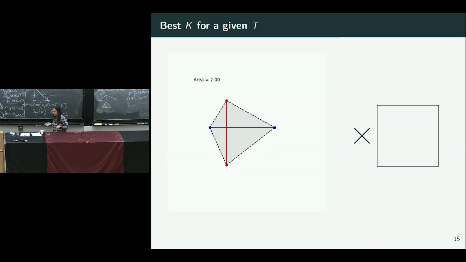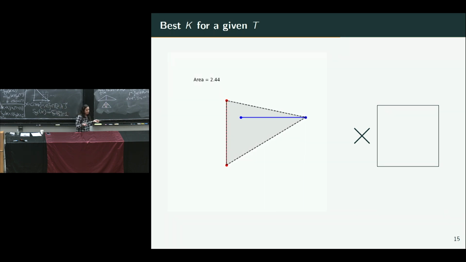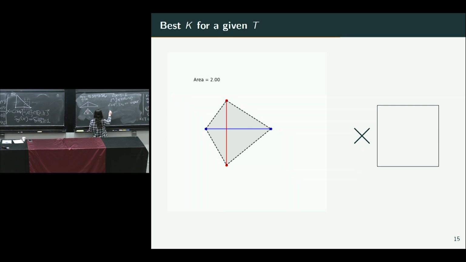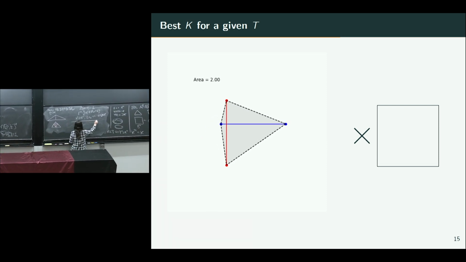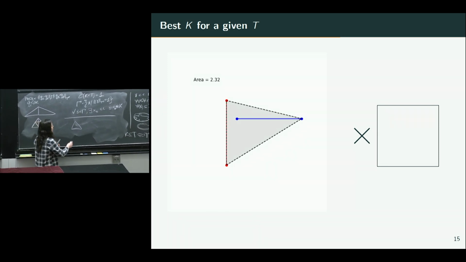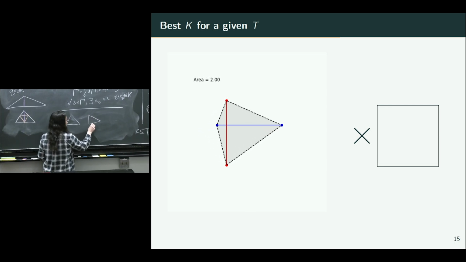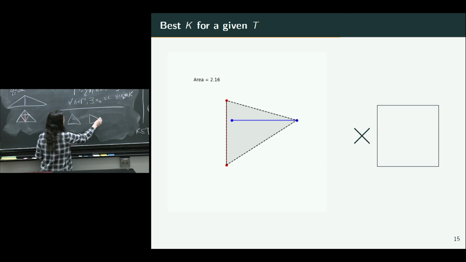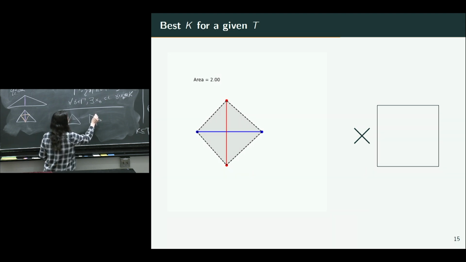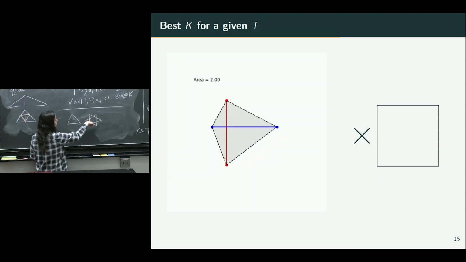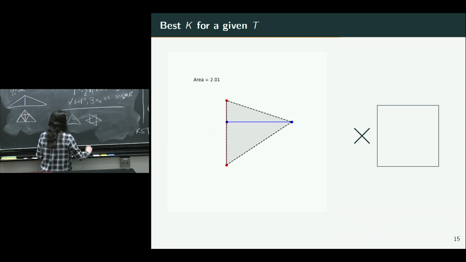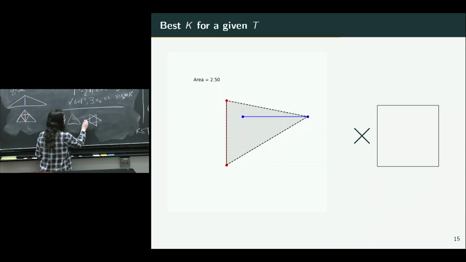Okay, and so one can ask what happens if I take a triangle instead of the cube. If I look at this triangle, then all curves with the same length would be these two. So maybe another color.